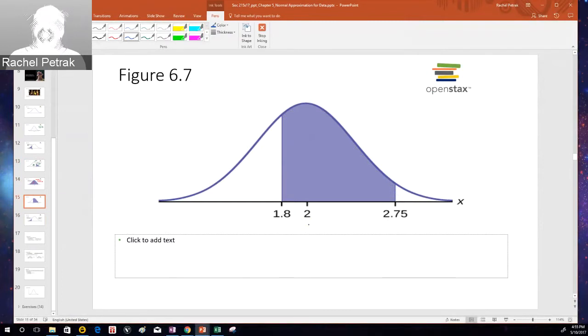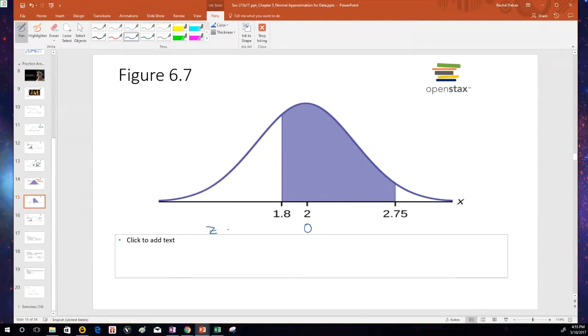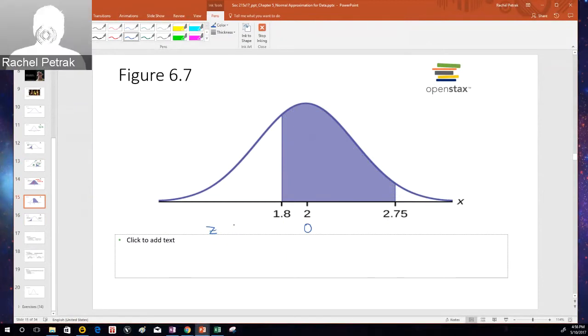I know the z-score for 2 because 2 is the mean. That's clear. And so the z-score is 0. In order to find the z-score for these other values, I need one more bit of information that's not available here, and that's the standard deviation.